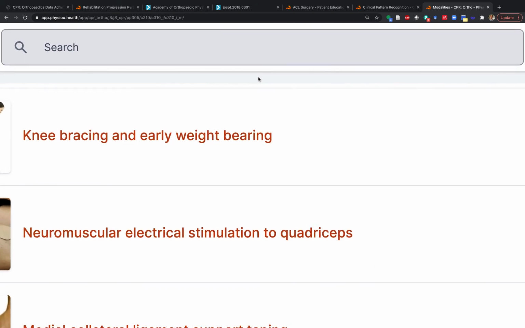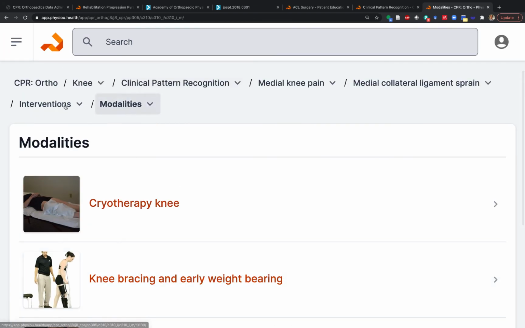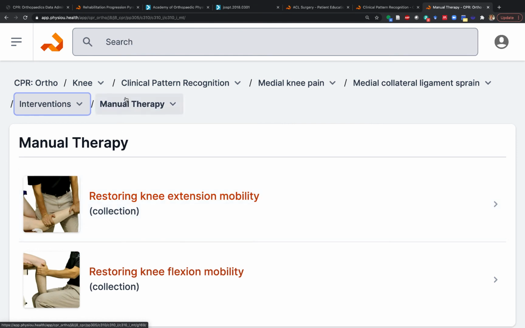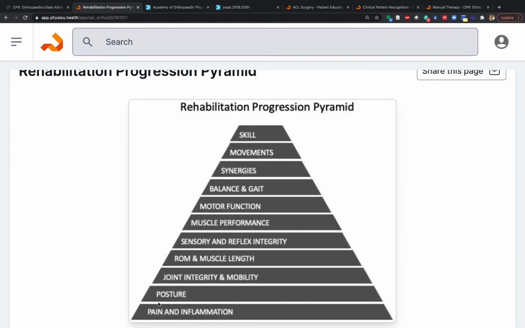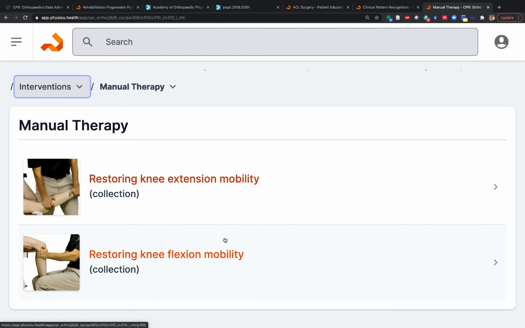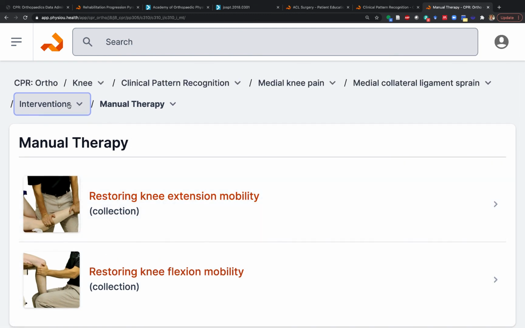And then when you look at the manual therapy, you're just moving your way up the pyramid. So we are here taking care of protecting the joint, reducing pain and inflammation, keeping the joint near neutral with your bracing and taping, and then restoring mobility, right? So here we are restoring mobility with all the manual therapy techniques you guys are going to learn.